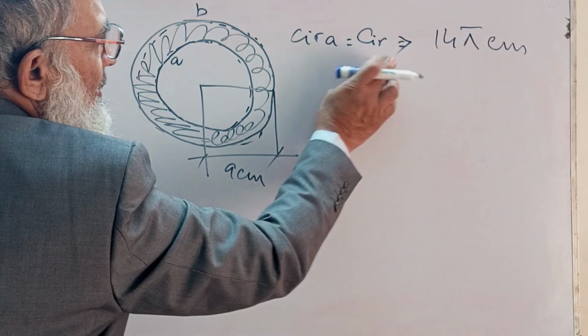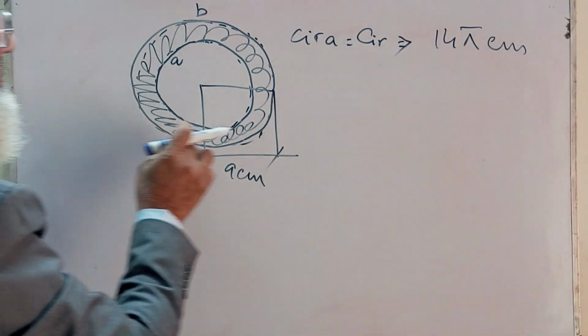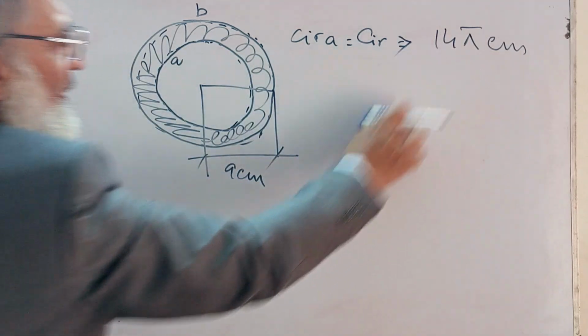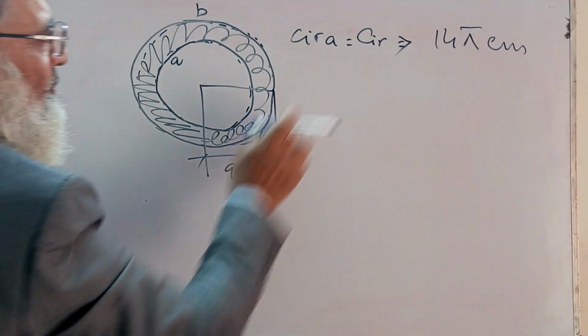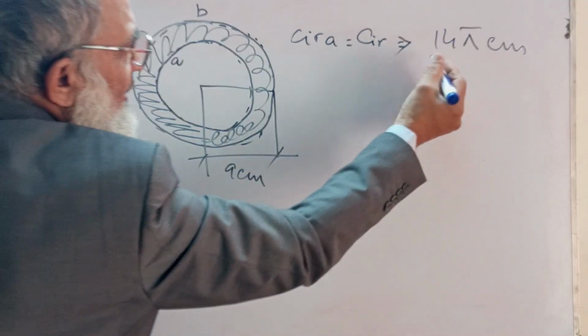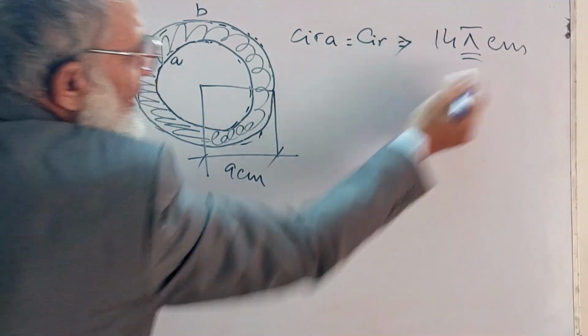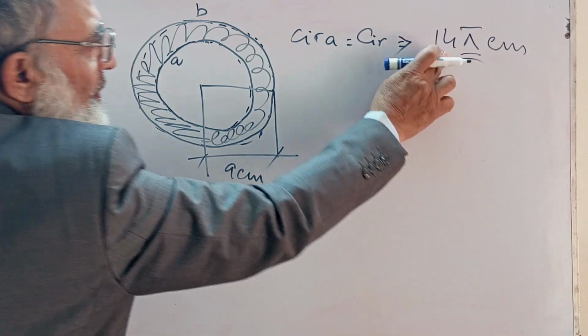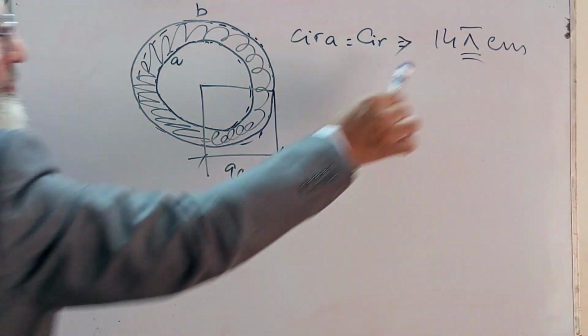Now we have to find the area. This is the circumference, and you know that when pi is given, the coefficient is 14.